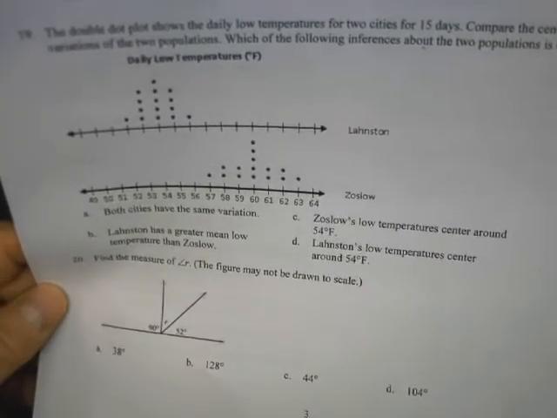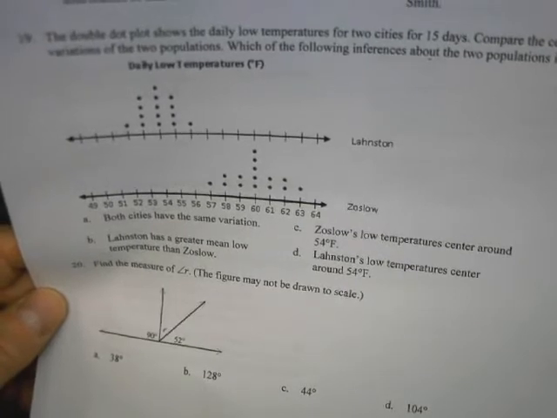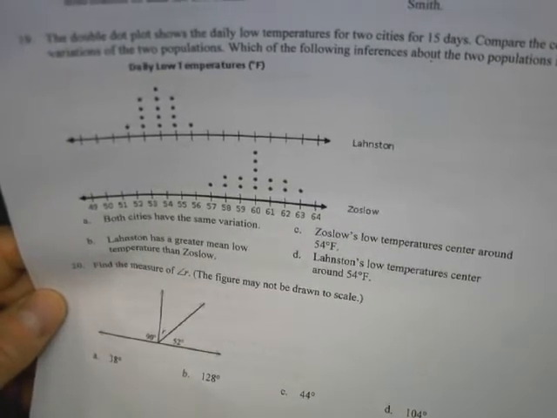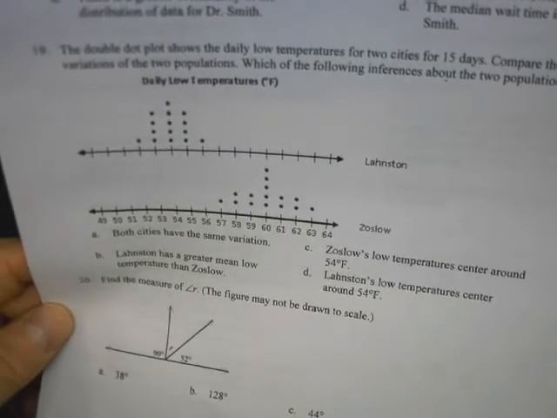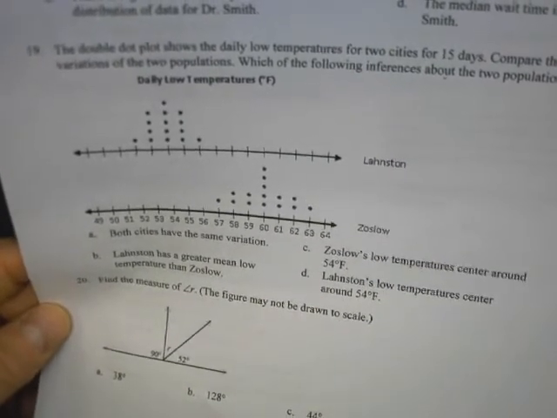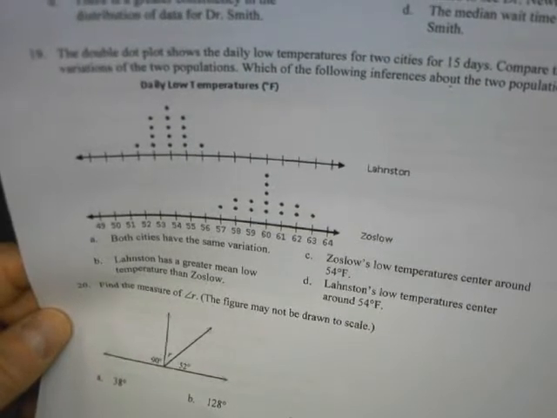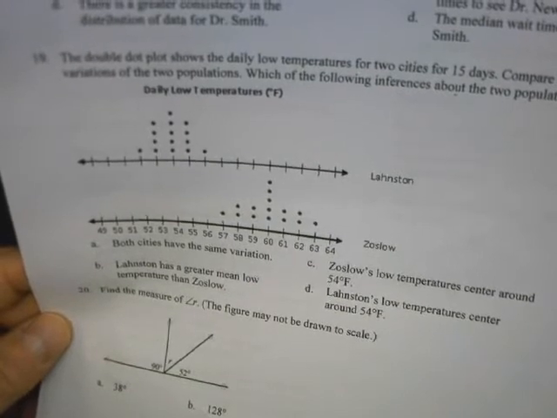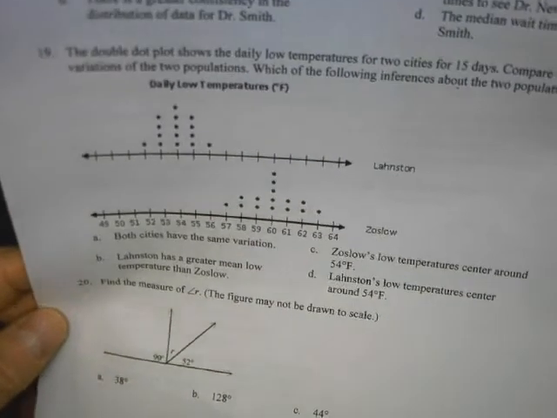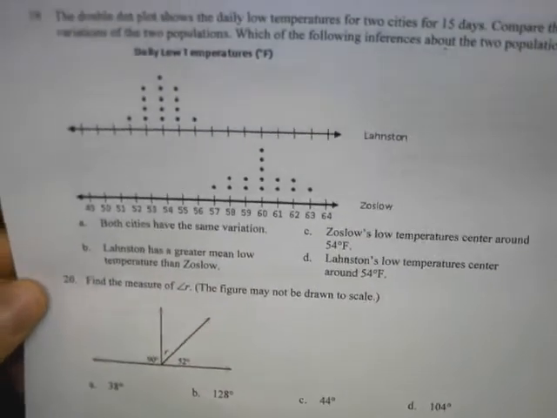Okay, number 19. The double dot plot shows the daily temperatures for two cities for 15 days. Compare the centers of variations of the two populations. Centers of variations. It means like median or mean or average, right? Which of the following inferences or statements that we think is true about the populations is correct? Okay, so we're going to read these and see which is true.